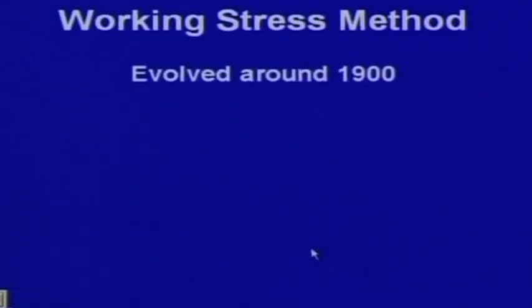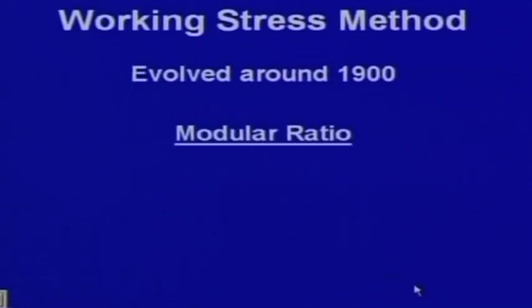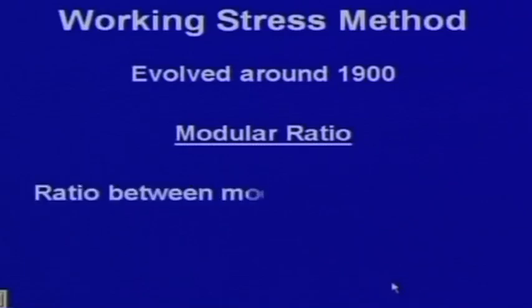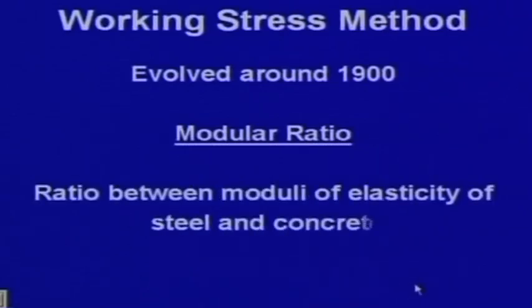This evolved around 1900, or the late 1800s of the 19th century, and the basic concept is the modular ratio. So, what is modular ratio? It is the ratio between the two moduli of elasticity, of steel and concrete.